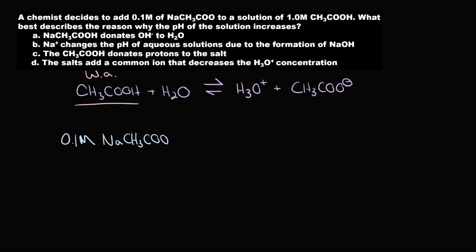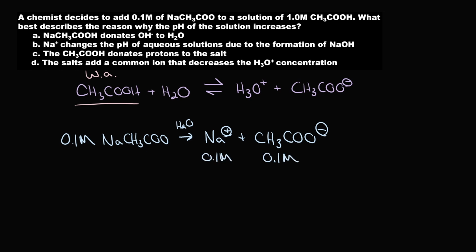Now, when this salt dissolves in water, if nothing else is given in the problem, we assume a strong dissociation, and it will completely dissociate into Na plus and its anion CH3COO minus. And as it fully dissociates, we'll have the same concentration of our dissociated counterparts, 0.1 molar.